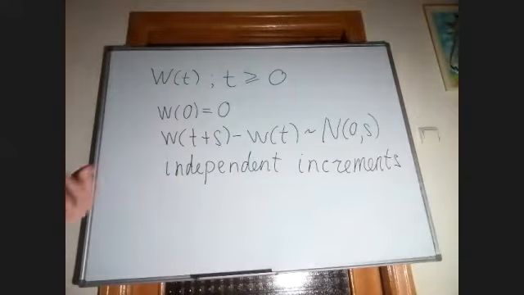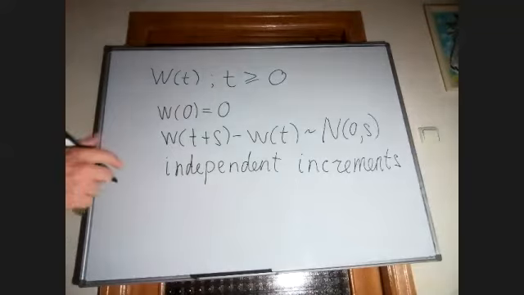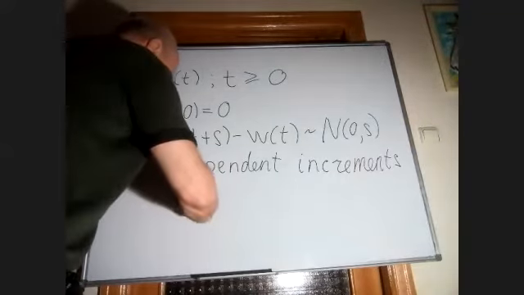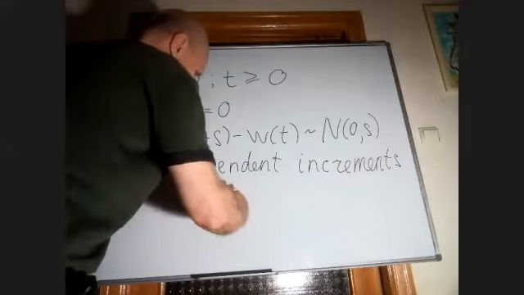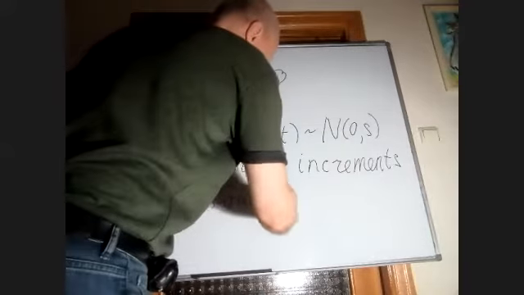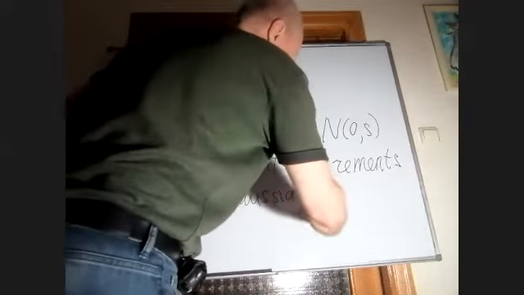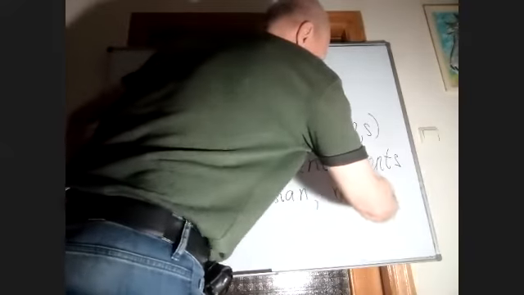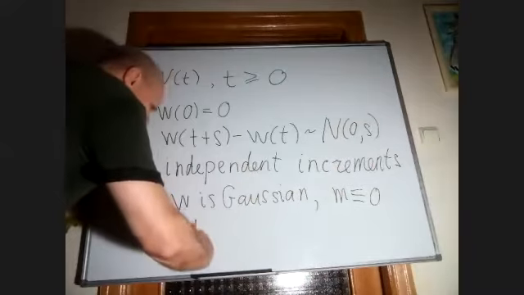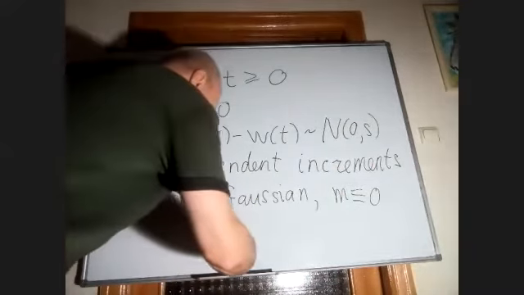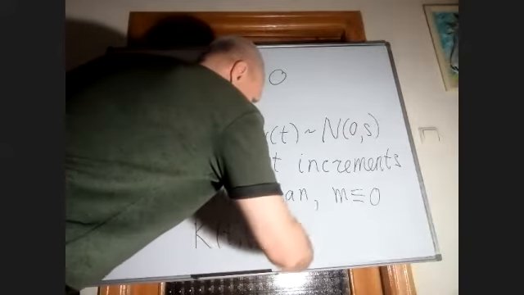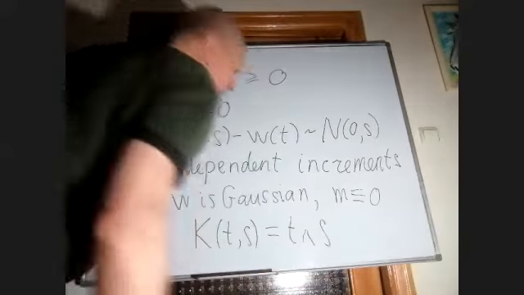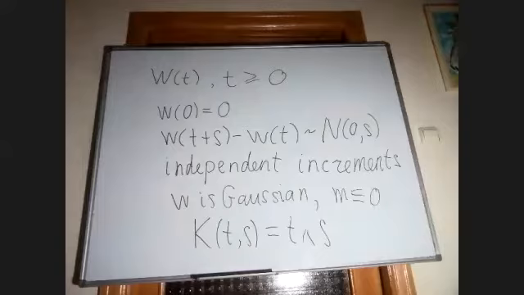Of course, there exists a more sophisticated definition, and we also will use it. W is a Gaussian process with 0 mean and covariance function, which is equal to the minimum of the arguments.